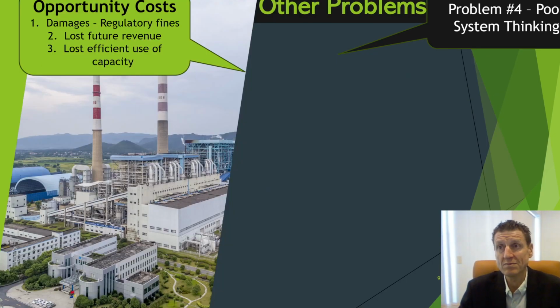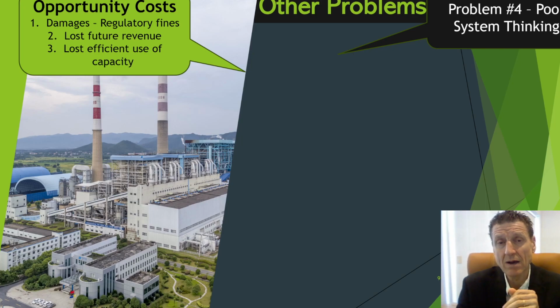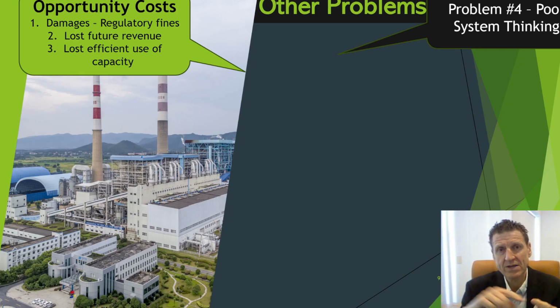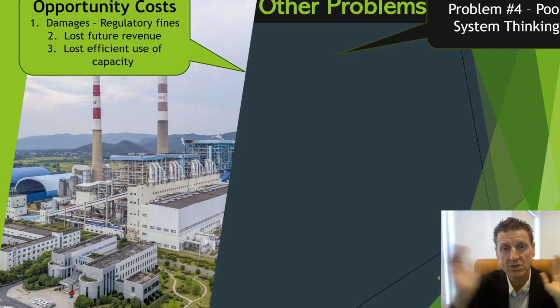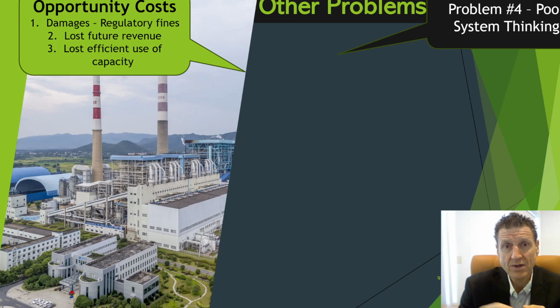All right, other problems. Problem 4, and that is poor systems thinking. What do we mean here? Poor systems thinking is poor understanding of the cause and effect, that A causes B, causes C, causes D. And systems thinking is around us altogether. Like if you get up 5 minutes earlier, it's likely you might get an earlier bus.